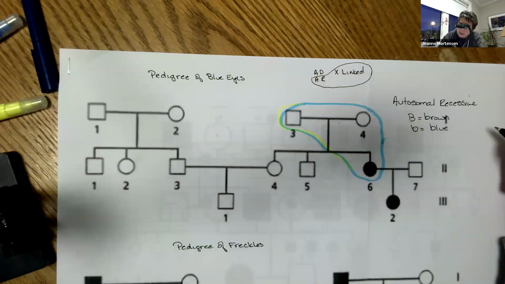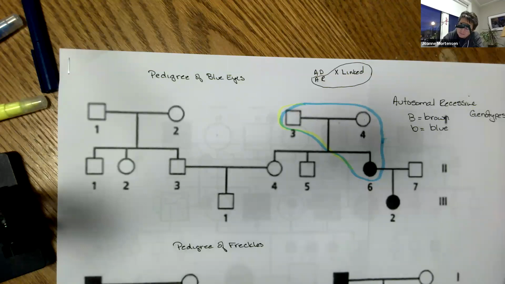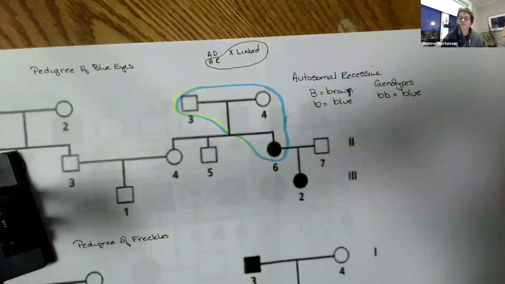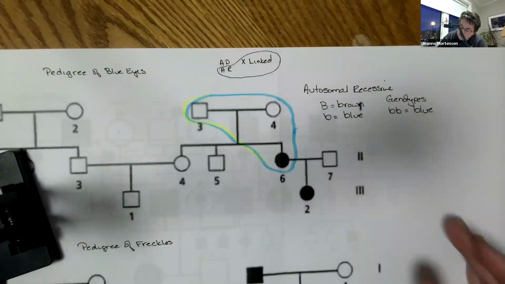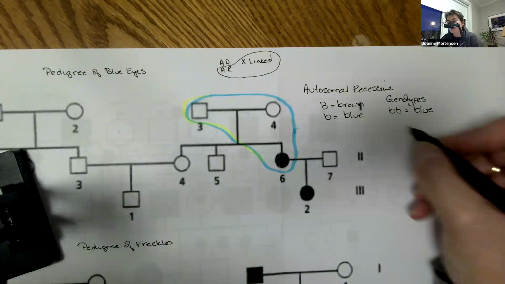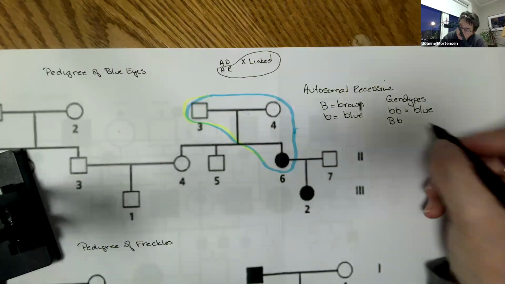I think I'm going to do all the work on each one. We're going to look at genotypes. So my possible genotypes: blue eyes. I can have the heterozygous version, which is going to be brown eyes.